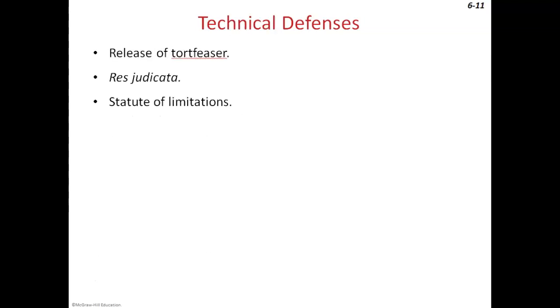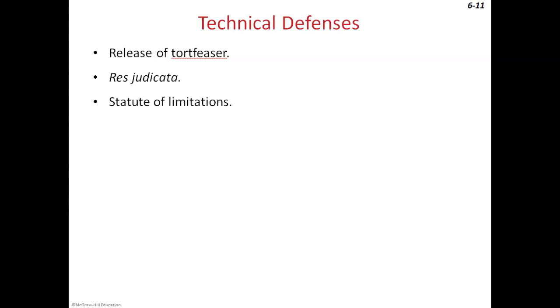When defenses to liability suits are based on legal technicalities instead of evidence, they are called technical defenses. The first of these is release of tortfeasor. So if you remember from previous chapters, the tort is an injury or a wrong, and the feasor is the person guilty of inflicting that injury or wrong.